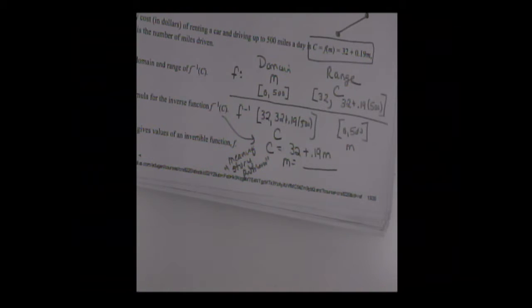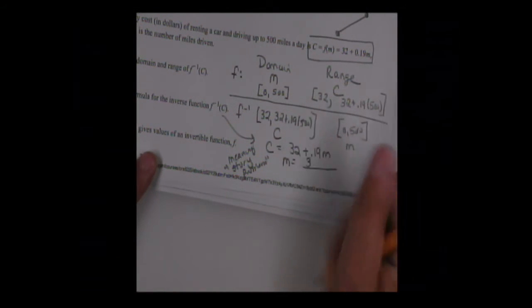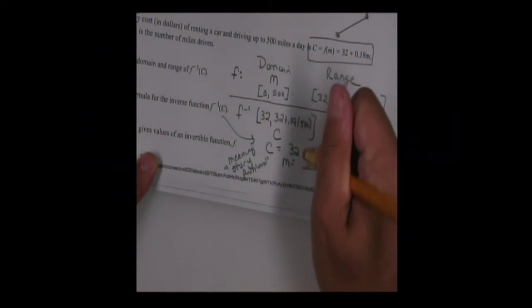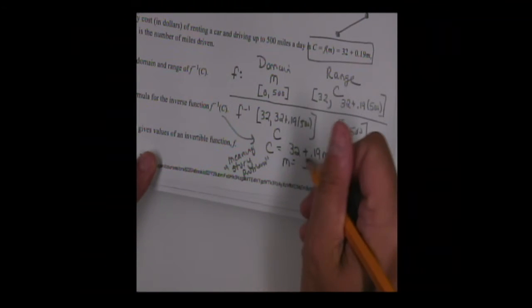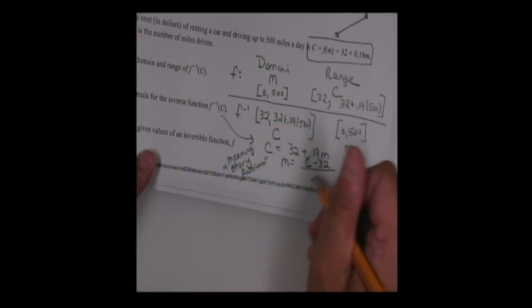So in this section, that's what we're really going to be focusing on, these problems that have meaning, and all we do is solve for the other variable. Don't make it any harder than that. And so if I solve for the other variable, what's going to happen is I'm going to subtract the 32, so I'll have C minus 32, and then I'm going to divide by 0.19.